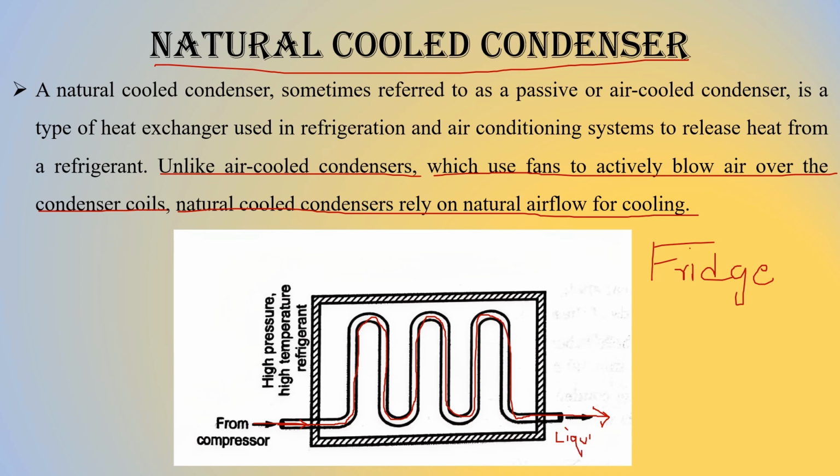But how? As I explained in the last slide, through these fins. They are not drawn; I have taken this diagram directly from the book. Okay, these are the fins. It's like this somehow.